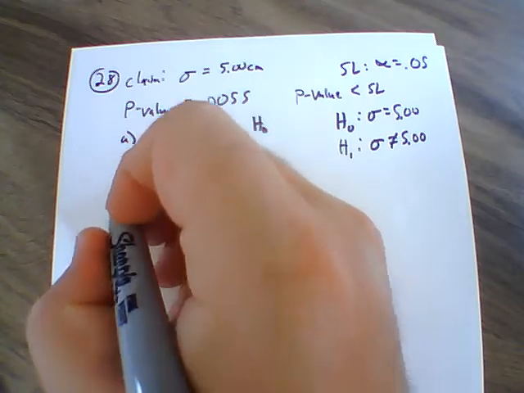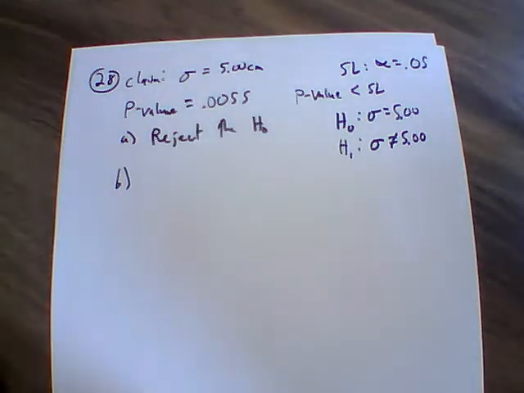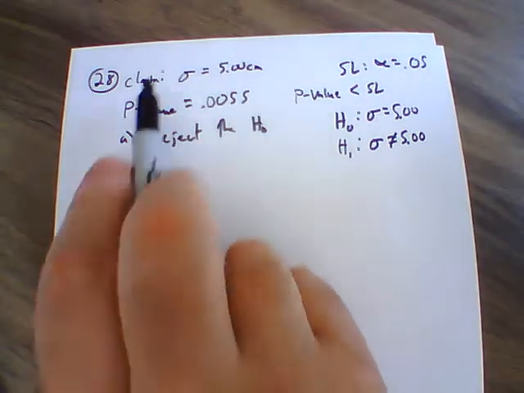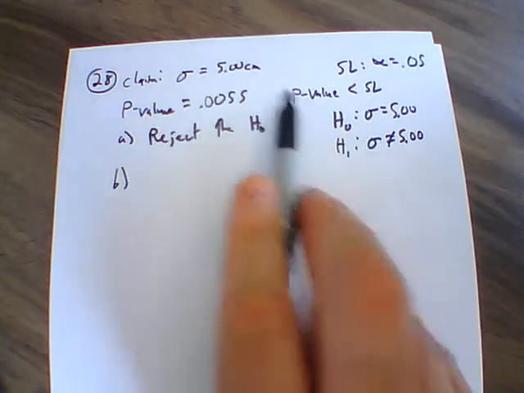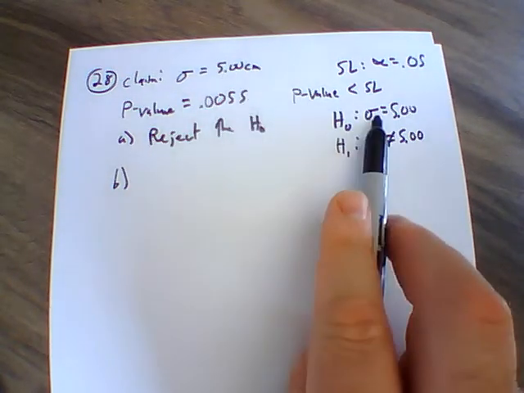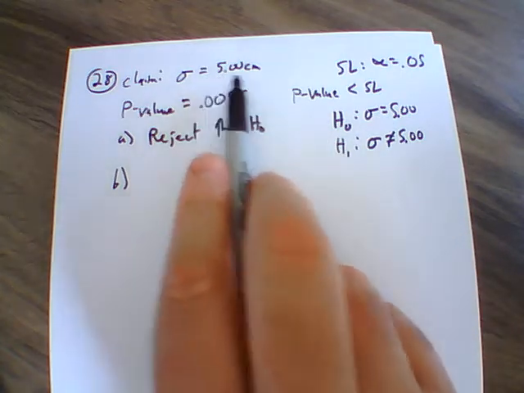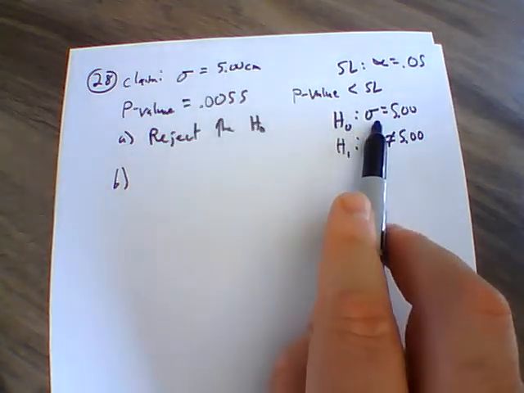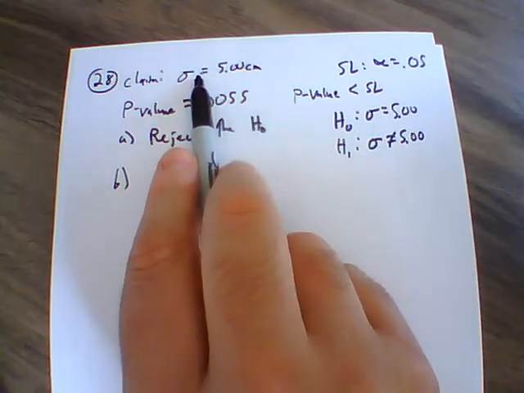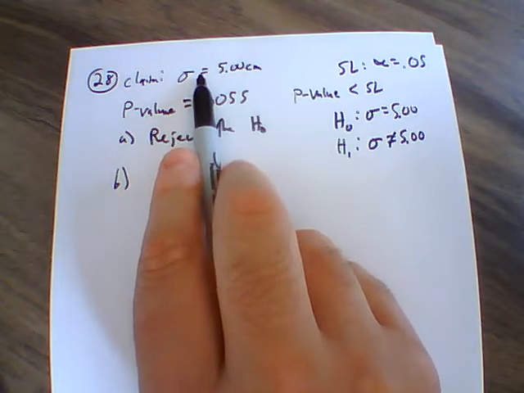Because we reject our null hypothesis, now we want to state the claim. The claim was the null hypothesis. Remember, we can't say we support this null hypothesis. No, we actually rejected it, and that was our claim, so we're actually rejecting our claim also.